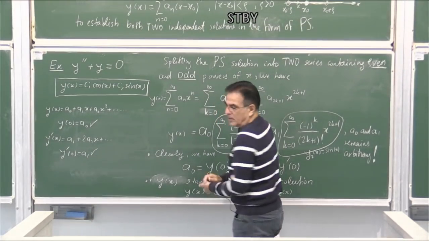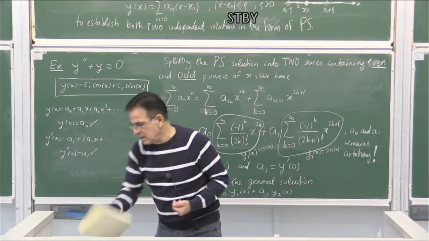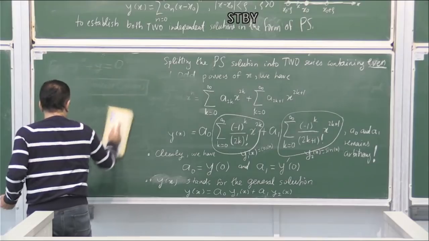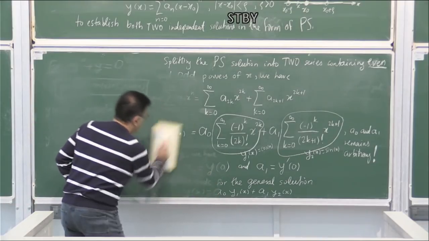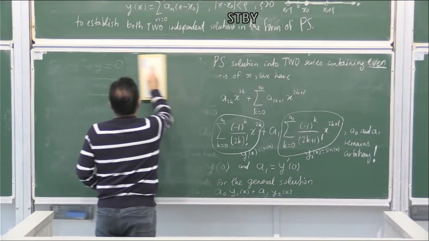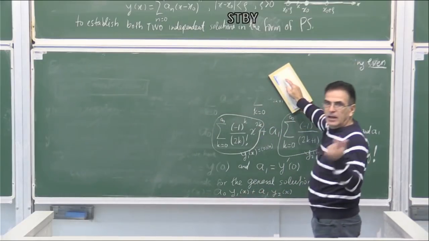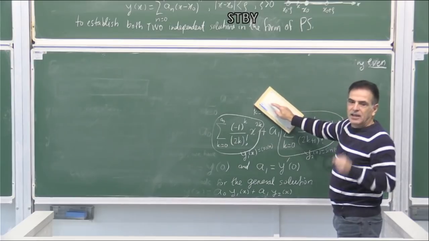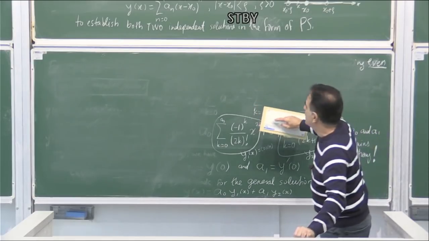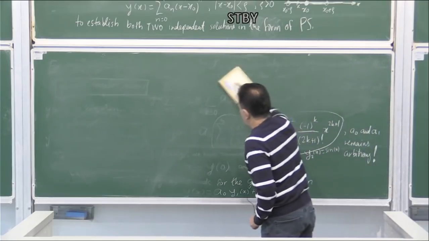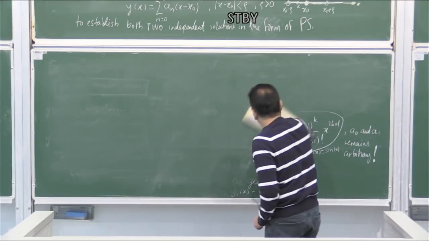And now the most important property of a power series is that it makes sense if it is convergent. Therefore, it is important to find the radius of convergence.